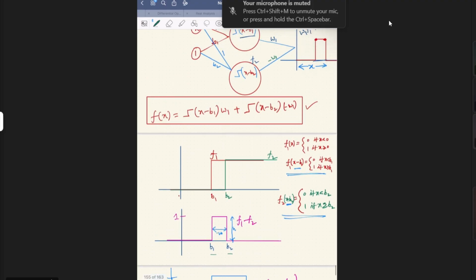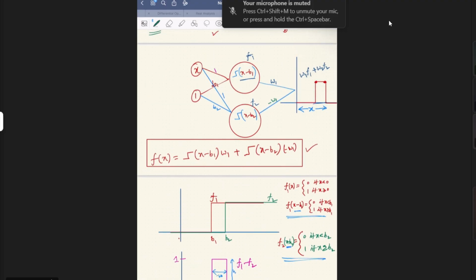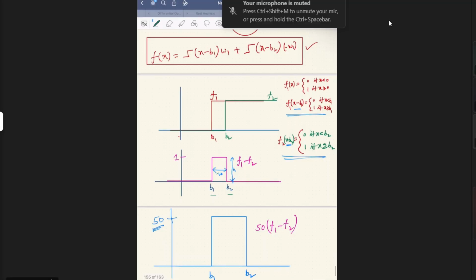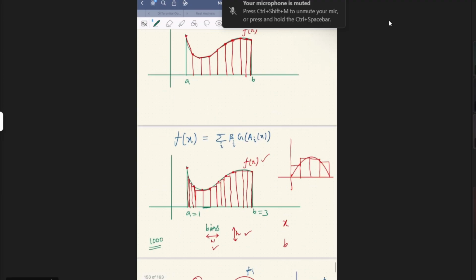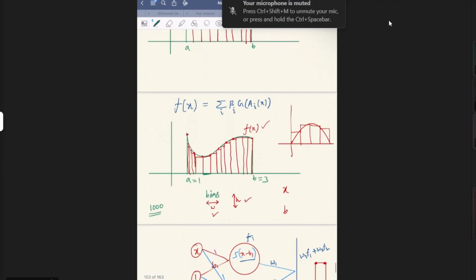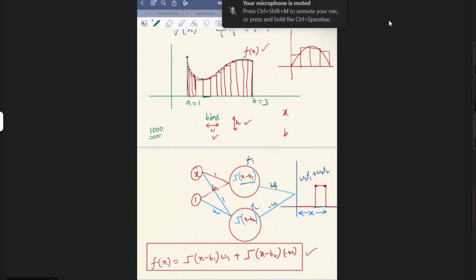In the first two neurons, b2 minus b1 is this width, and the height is the amplitude of the signal, that is the weight you are multiplying at the outcome. This is defined by the height. So the output weights are deciding the height.